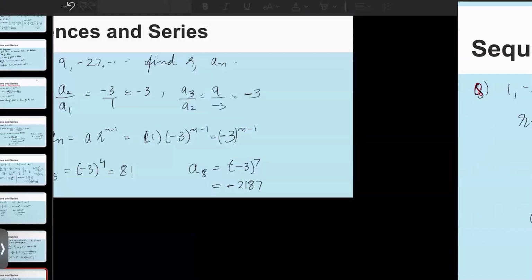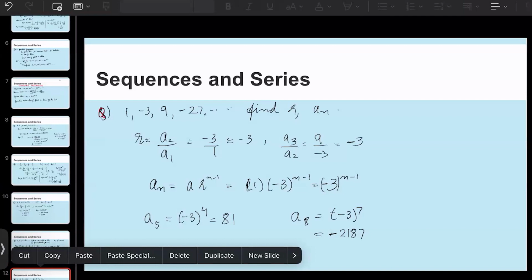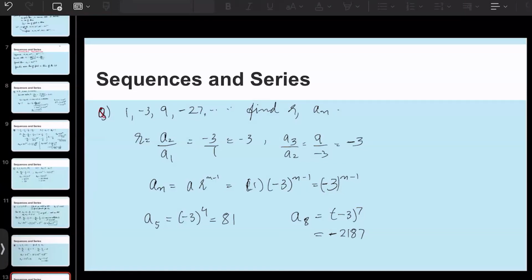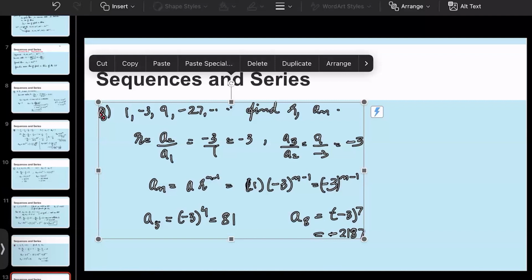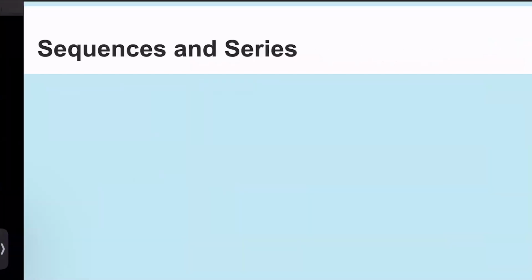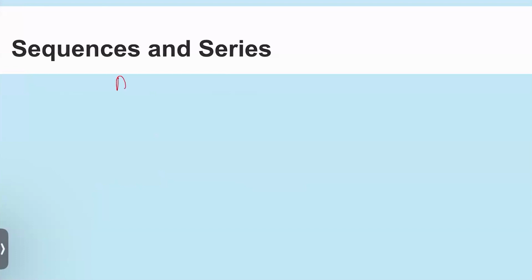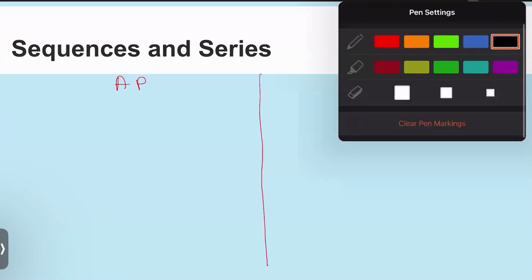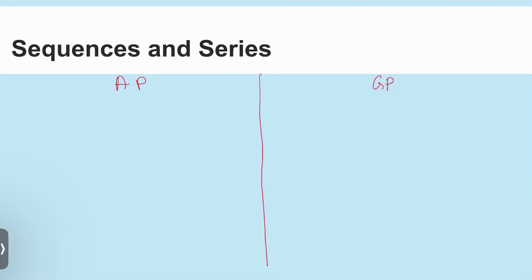I'll just quickly give you the differences between AP and GP. So suppose you have AP here and you have GP here, and we find the differences. The first difference is that for AP we have a common difference B, which is equal to A2 minus A1 or An minus An minus 1.